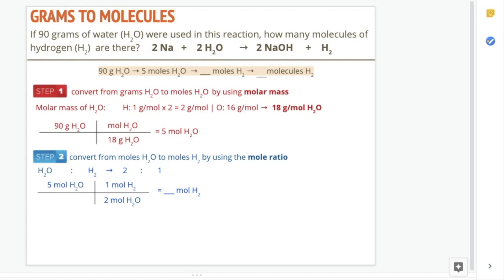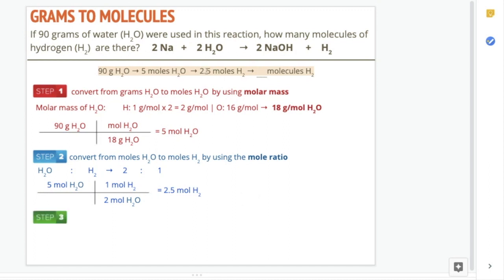Let's make sure that I'm right by canceling out. So I see a mole of water here, a mole of water here, and then a mole of hydrogen, a mole of hydrogen. So we're doing well. Next step, in my calculator, I do 5 divided by 2, which gives me 2.5. Put it up here in our summary. Now we only have one step left.